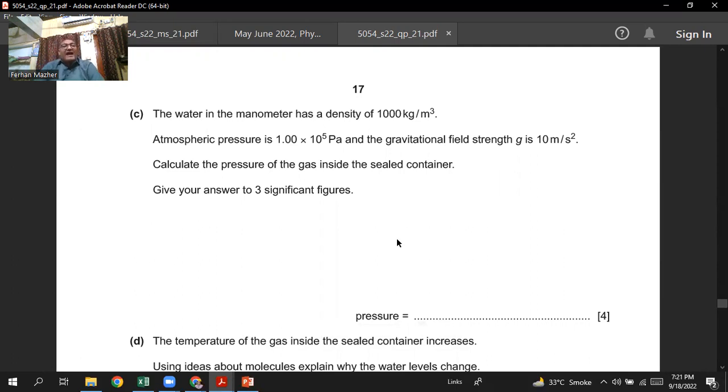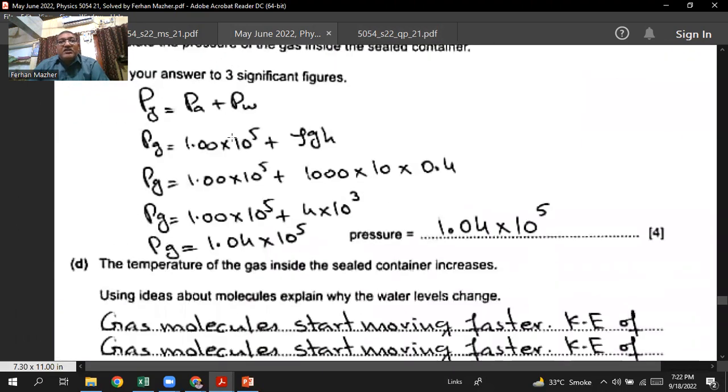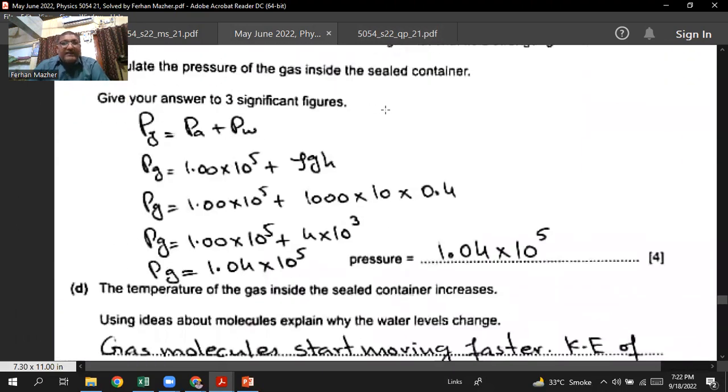You see, the pressure of the gas is 40 centimeter of water more than the atmospheric pressure. So the pressure of the gas is equal to the pressure of the atmosphere plus the pressure of the water column. So it's 1 expo 5 plus rho g h, which is 1 expo 5 plus 1000 multiplied by 10 multiplied by 0.4.